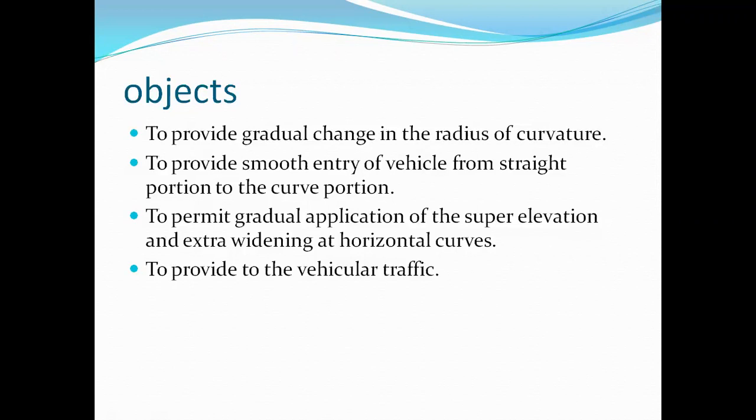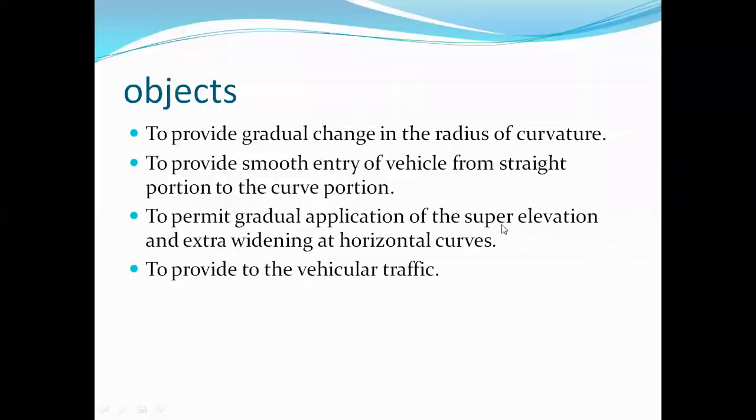Then the third object is to permit gradual application of super elevation and extra widening at horizontal curves. That is, the transition curve provides the gradual application of super elevation and extra widening at horizontal curves.